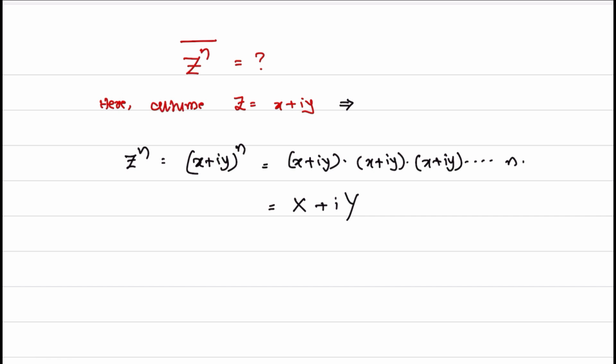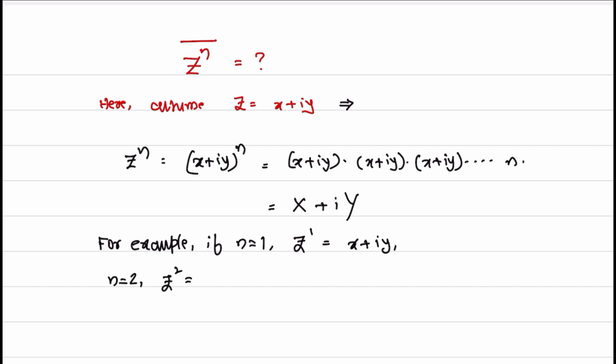For example, if n is equal to 1, z to the power of 1 is equal to x plus iy. If n is equal to 2, z square is equal to (x plus iy) into (x plus iy). It is not conjugate, same number we are multiplying.